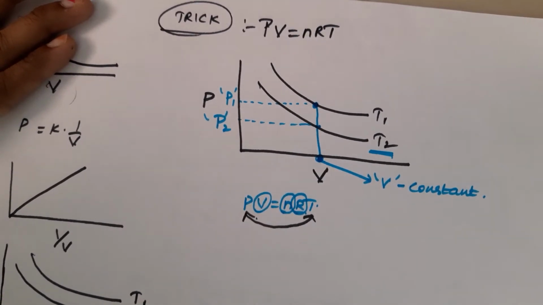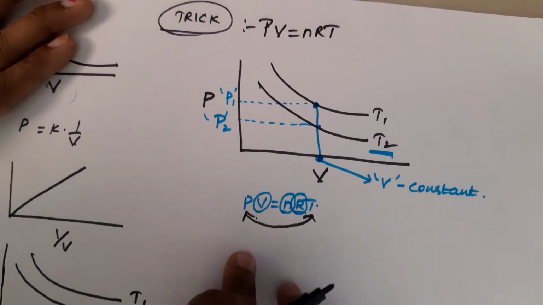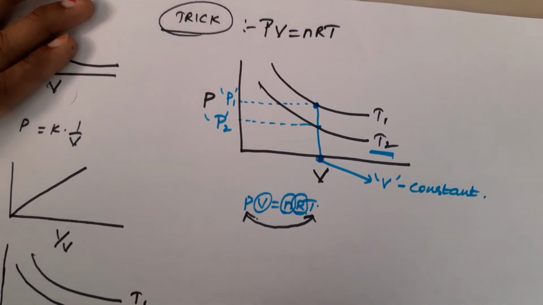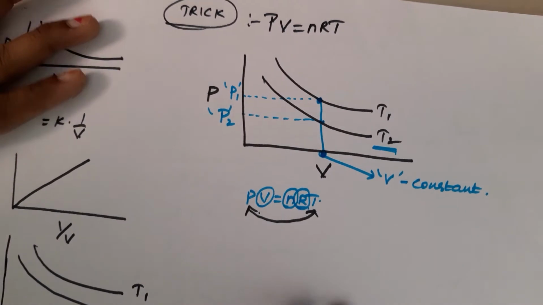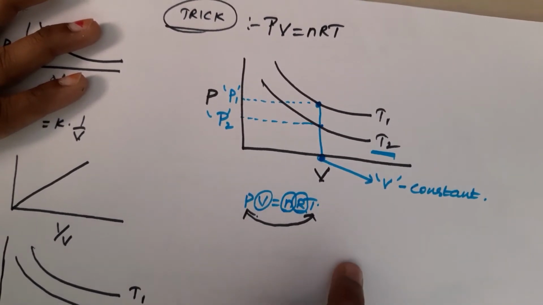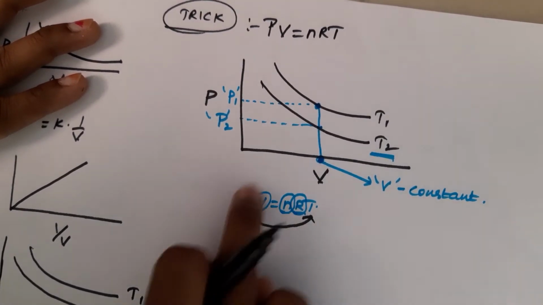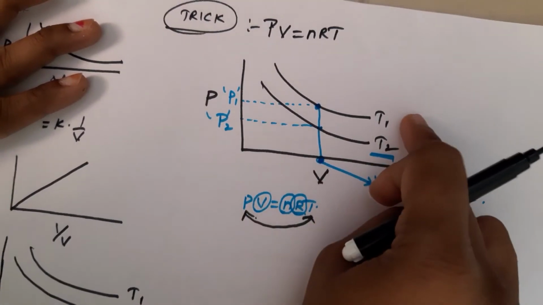Normally take either Boyle's or Charles's or Avogadro's law, any law. Take this ideal gas equation and relate the graph between the two variables. See here, P and T are directly proportional. Here P is more, then T is also more. So which one is more, T1 or T2?